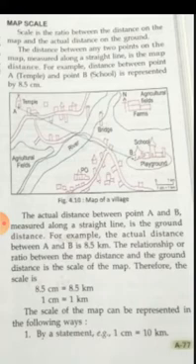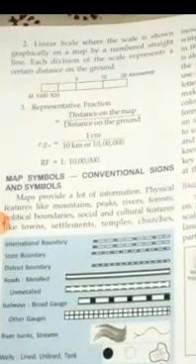So the first way of representing a scale is by a statement, and the second way is by making a linear scale. In a linear scale, the scale is shown graphically on the map by a numbered straight line. Each division of the scale represents a certain distance on the ground. So if in the map a scale is made like this, you can find out the distance between two places.